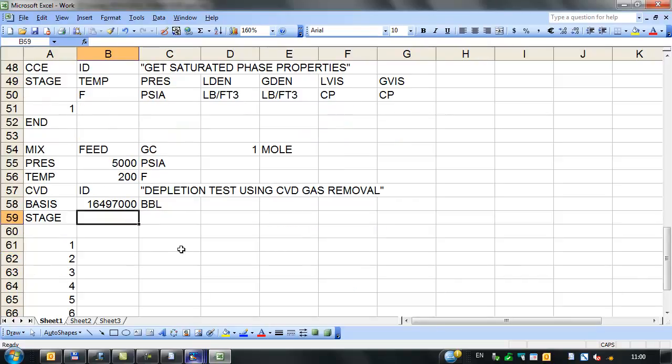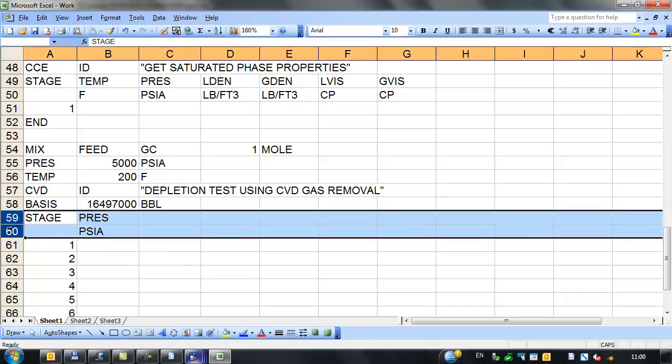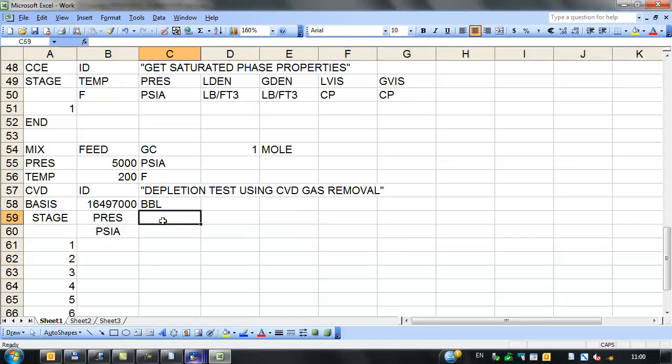Okay, and then at each stage, we'll have a pressure. And let's see here, what do we want to have? We want to have how much gas was taken out, moles of gas removed, and we can take that in standard cubic feet.